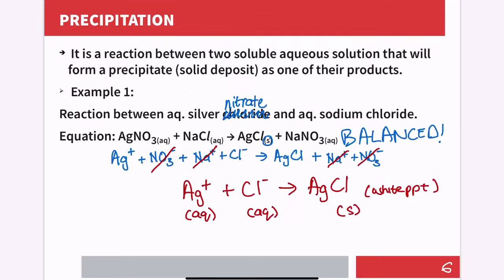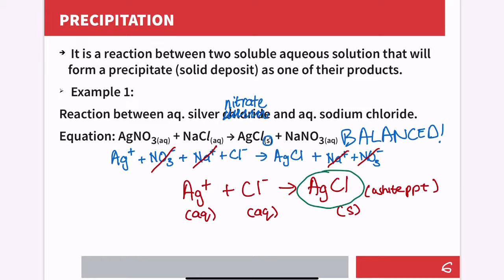Okay, so what can you conclude from writing the ionic equation for this precipitation reaction? When you know that a particular product is the precipitate, especially this AgCl, and the question asks you to write the ionic equation for this precipitation reaction, then you know the product is this silver chloride.